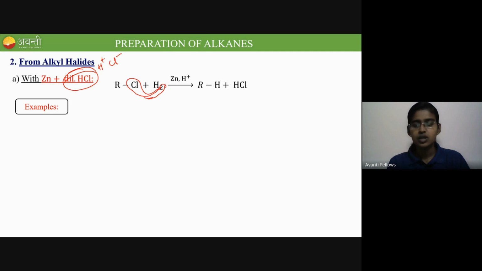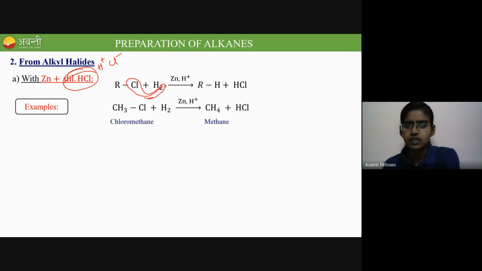Got it? Let us see an example. I have taken chloromethane as an example for you, and hydrogen is added here. HCl is removed, and CH3 is bonded with H to give methane.